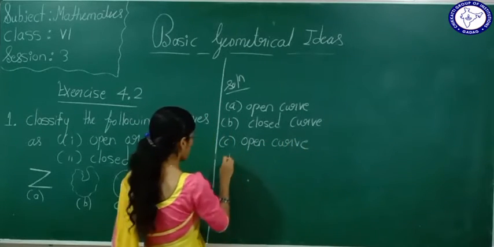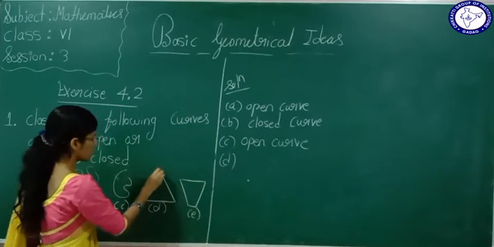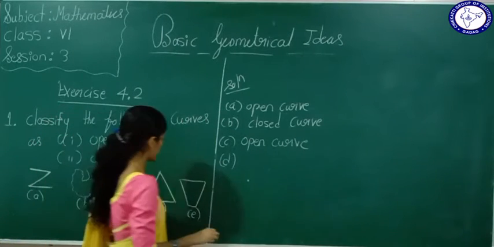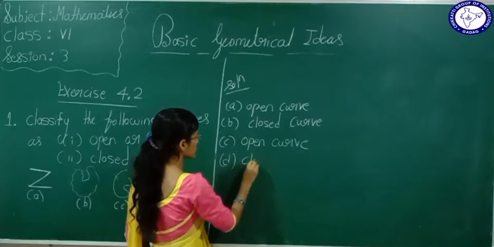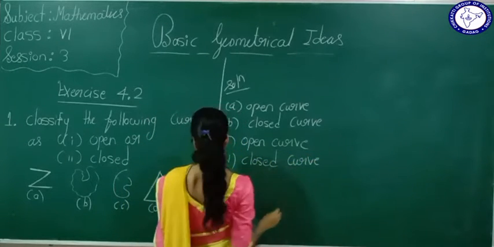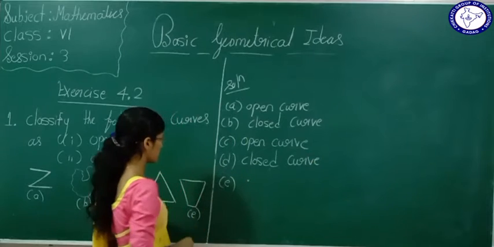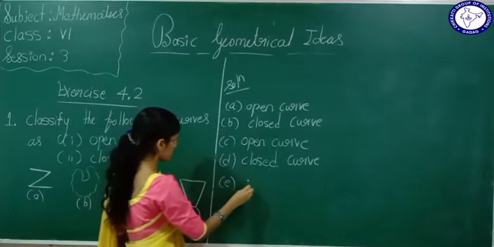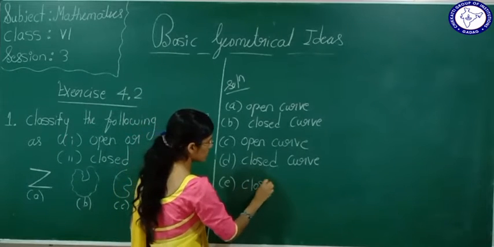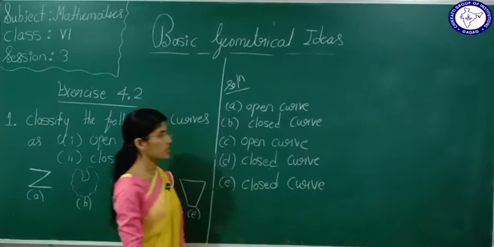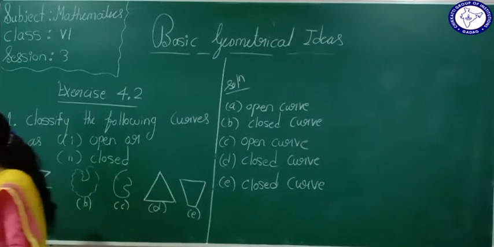What about D? The initial point and ending point are the same. Definitely it's a closed curve. D1 is a closed curve. What about E1? The initial point and the ending point are the same, definitely it will be a closed curve. This is about the first one.